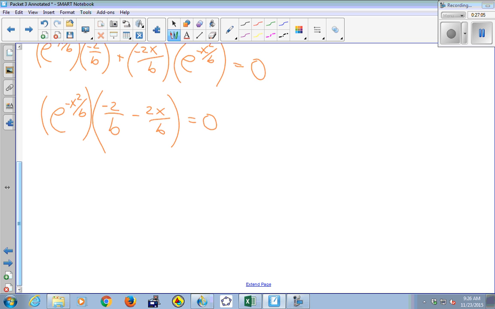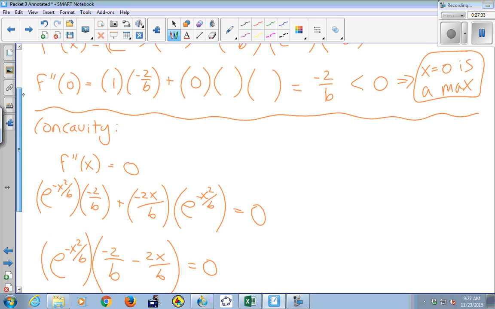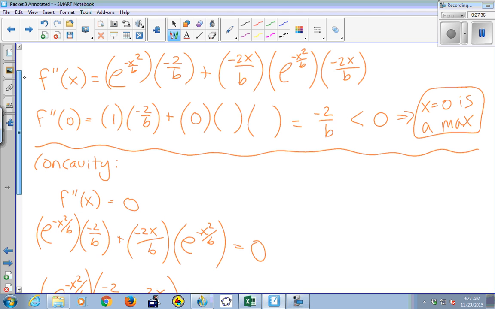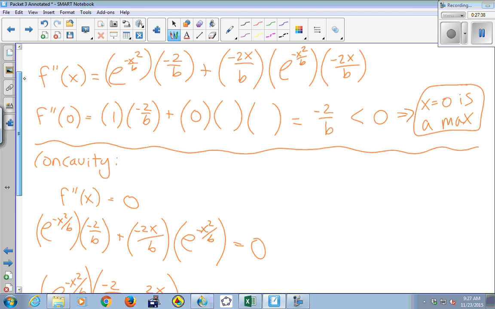That only happens when one or the other is 0. This one we already established is never 0. And then this one I can solve for x. Yes. Did I? Hold on. Yes, I missed another negative 2x over b.